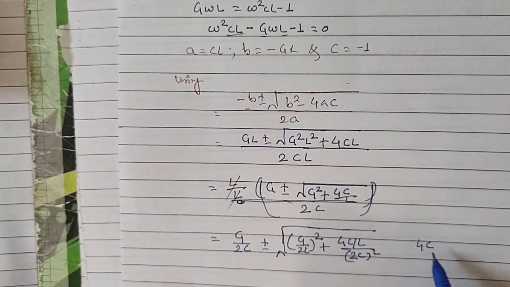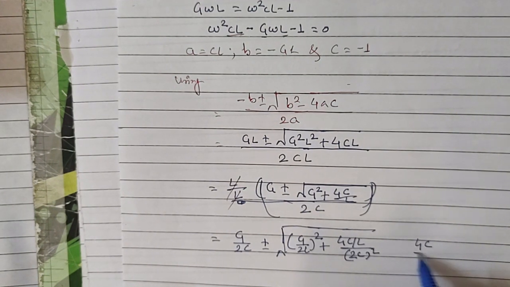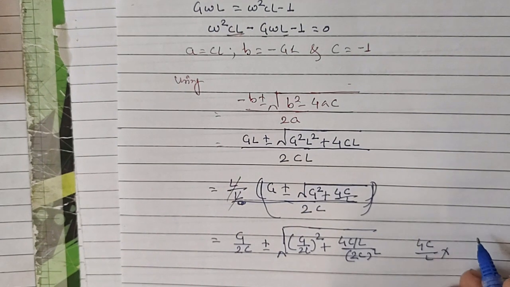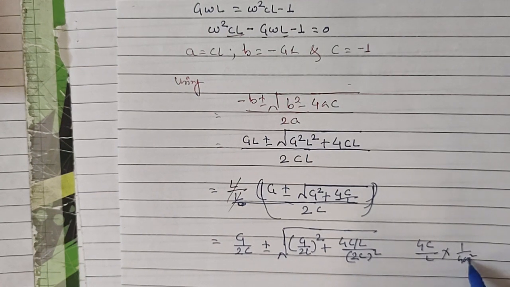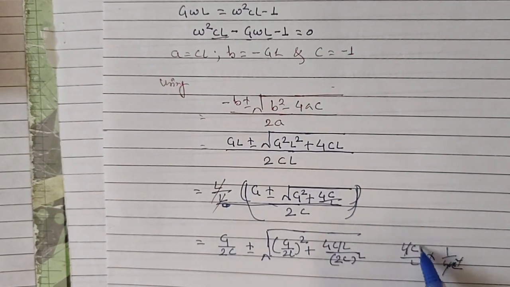So 4C by L into 1 by 4C square. So what would be remaining? 4 can be cancelled, 1 C can be cancelled, so 1 by LC.